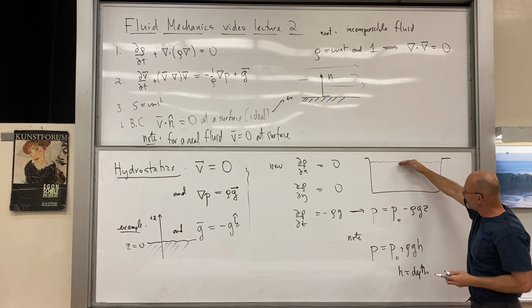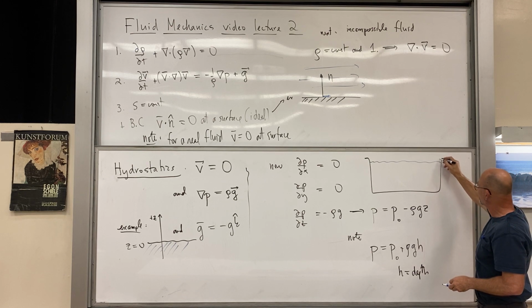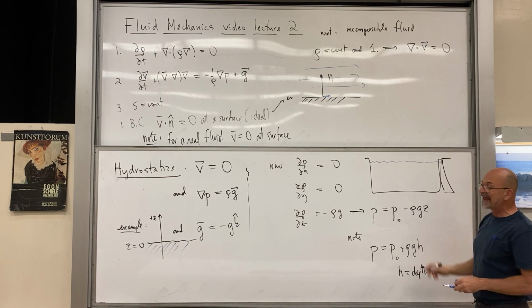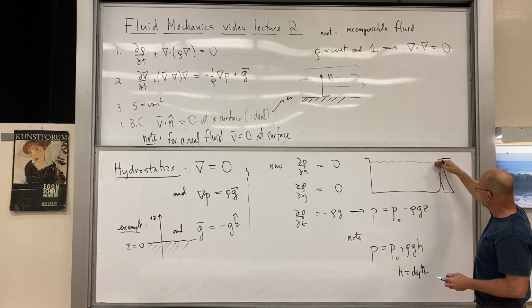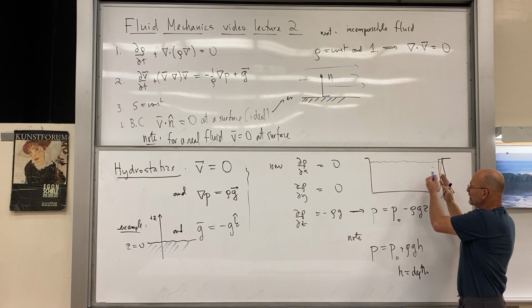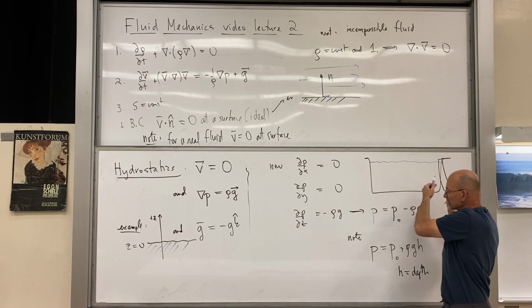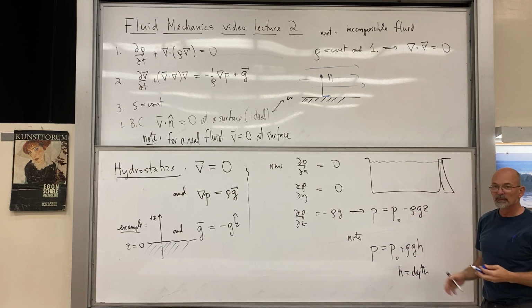Pressure still just depends on the depth. This could, for example, be the wall of a dam. And then the pressure on that dam only depends on the depth of the water, and it doesn't matter if it backs up 100 meters or 100 kilometers behind it, the pressure on the dam would still be the same thing.